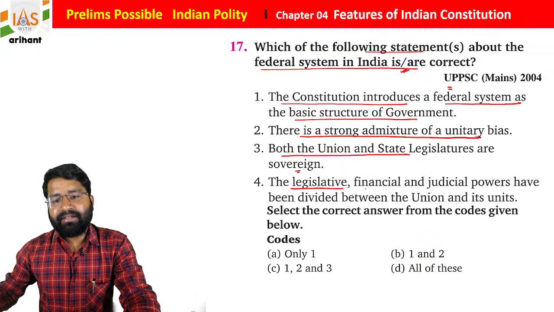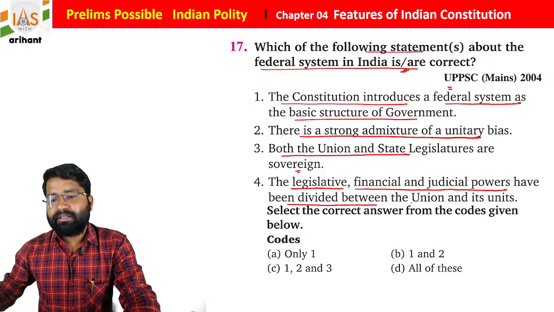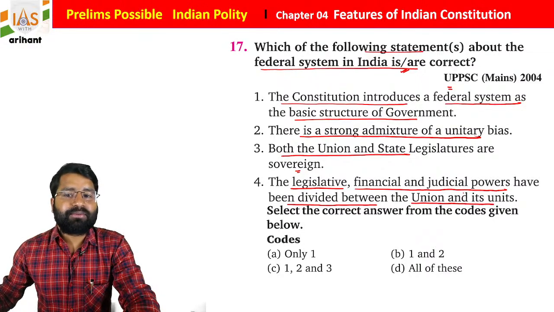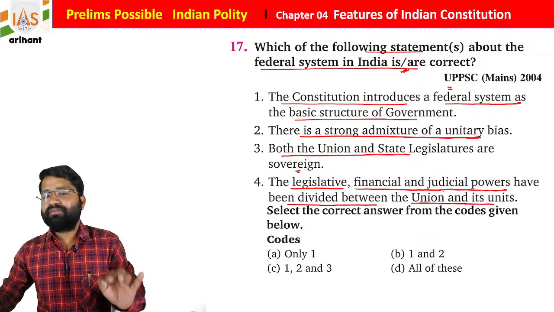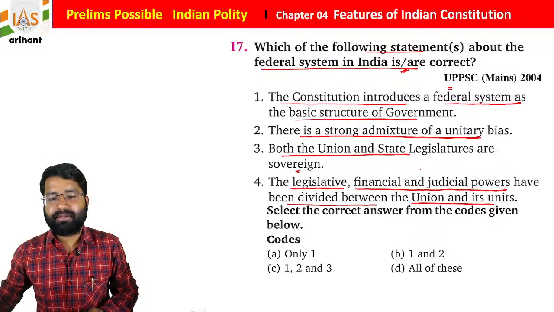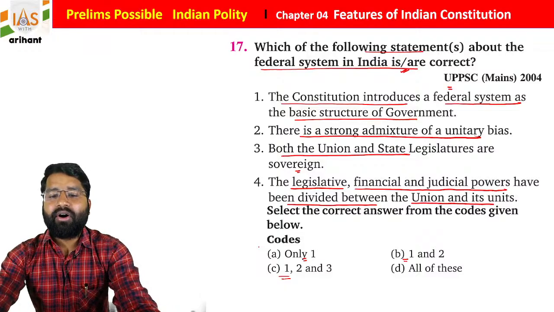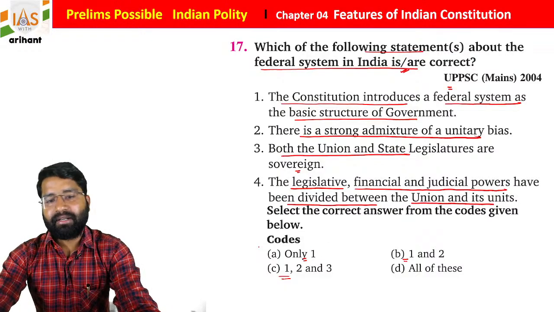The legislative, financial and judicial power have been divided between the union and its units, students. So read carefully and choose the right answer. A says that only 1 is correct. B says that 1 and 2 both are correct. C says that 1, 2, 3, and D says that all of the above are correct, students.